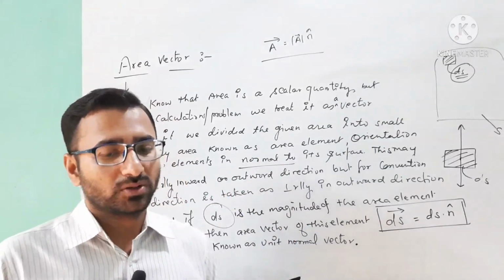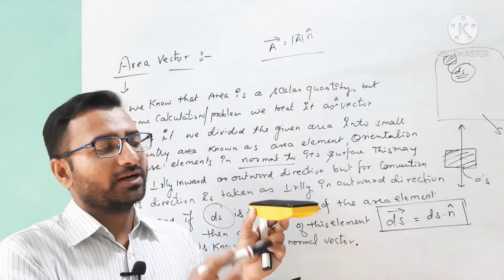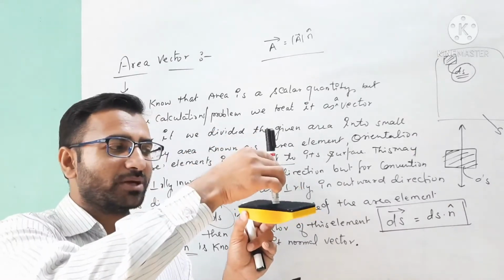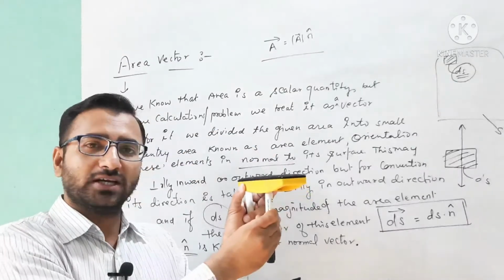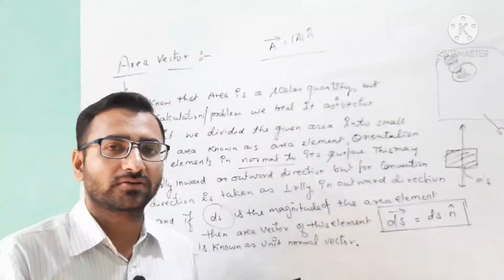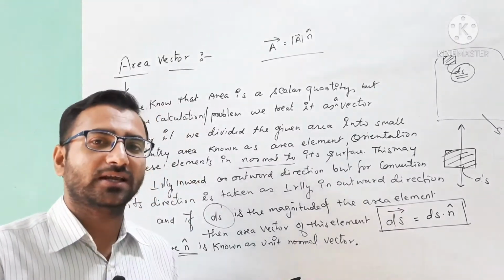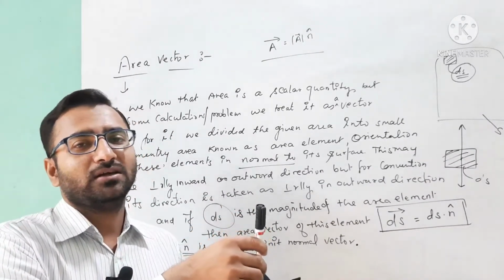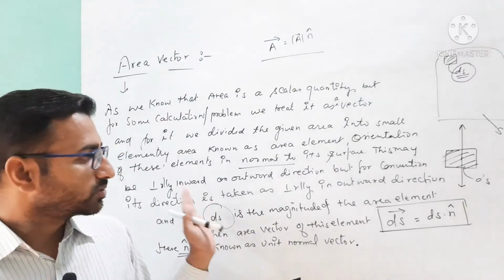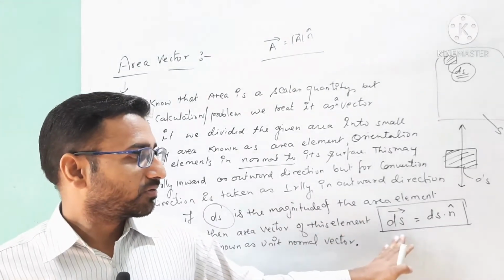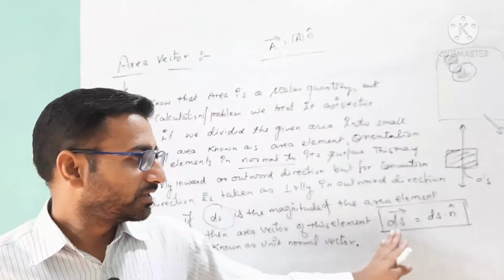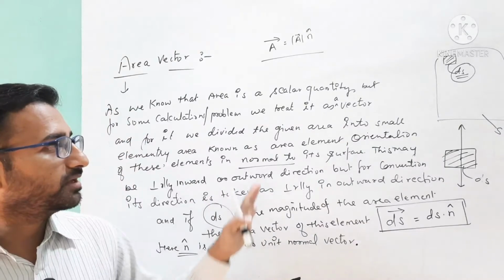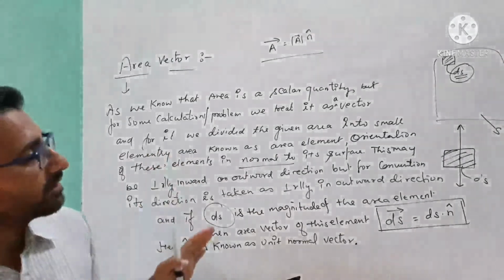When we talk about the normal, it may be vertically upward or vertically downward, but by convention we take a single direction, which is normally in the outward direction. That direction is the direction of the area vector. So we can represent the area vector for the given elementary area as ds vector equals ds into n cap. This is the discussion about the area vector.